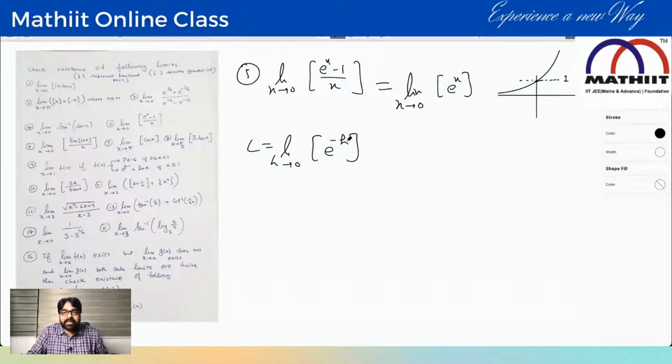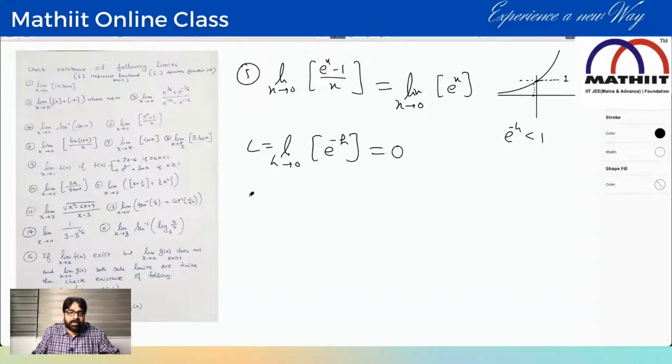Minus h is where? Minus h is here, just before 0. Corresponding to minus h, e power minus h is below 1. So this value, e power minus h, is slightly less than 1. If anybody asks what is the approximate value of e power minus h, that is 0.99999999. So this is slightly less than 1, so the greatest integer gives 0.